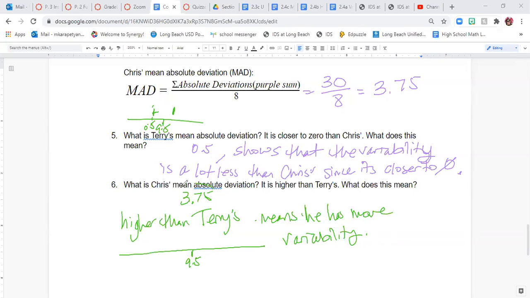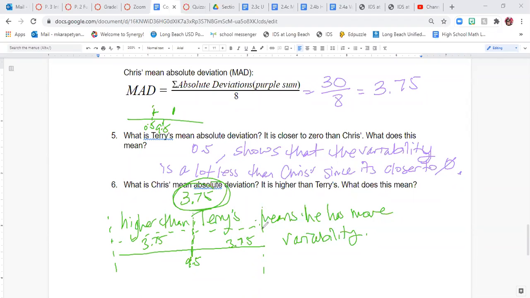The only difference is since his mean absolute deviation is 3.75, that means his data values have an average distance from the mean that is 3.75. So this distance is 3.75. This distance is 3.75.